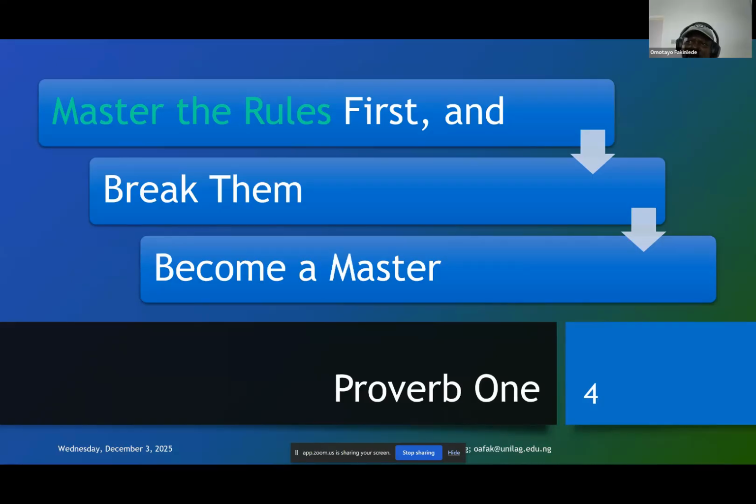But if you don't know the rules and you are breaking them, then you are behaving like an ignoramus. So for this class, whatever rules I'm going to give you, master them well. If my programming is not good, don't worry. Just go ahead and understand them. By the time you get to a point where you can say that you can do better than I am at programming, that's a good sign. That shows you are learning something. So there's no problem with me.